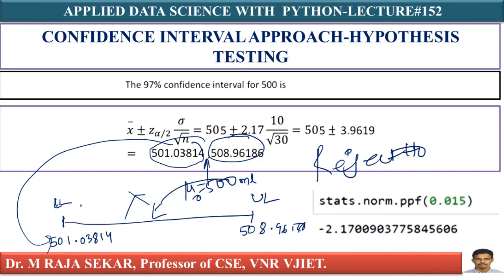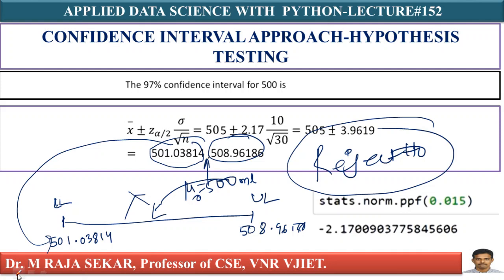Are we able to capture 500 in between 501.0384 and 508.96? No, you cannot capture 500. So we have to reject the null hypothesis.